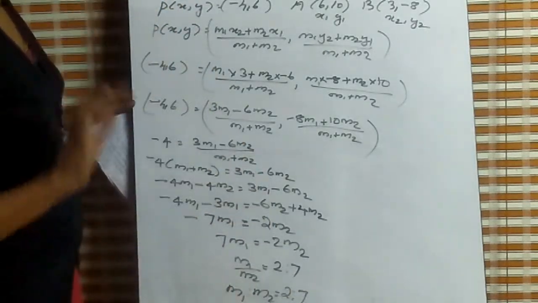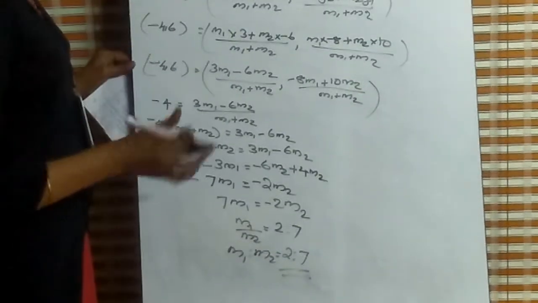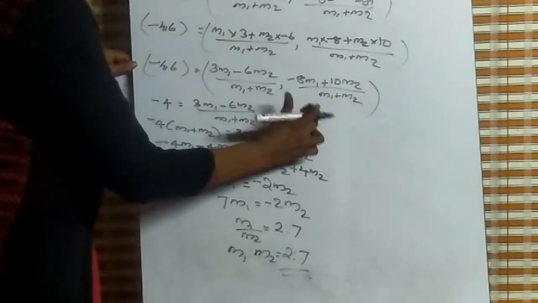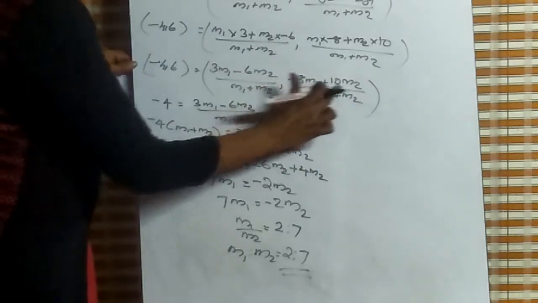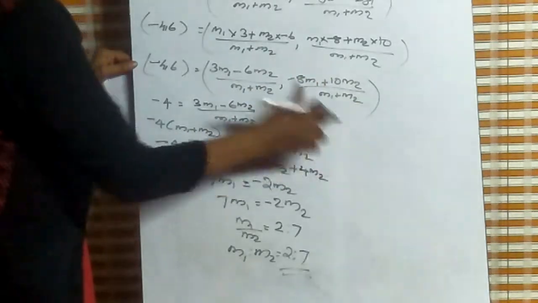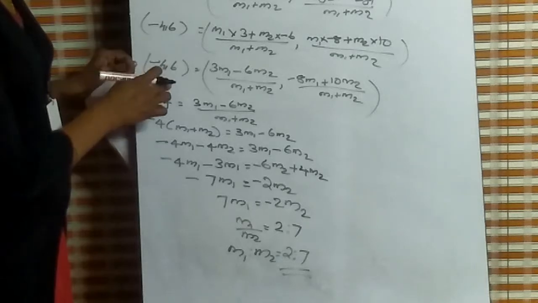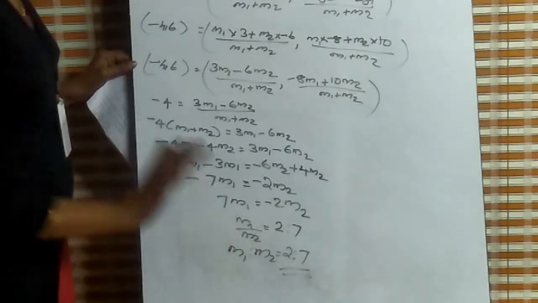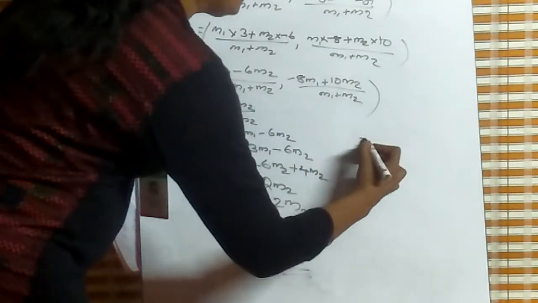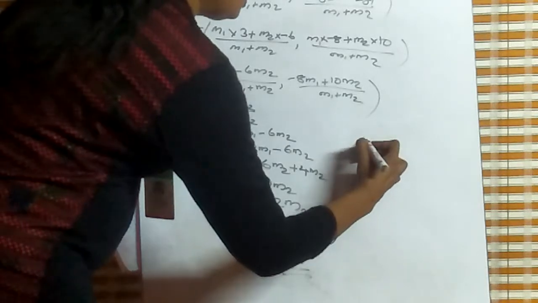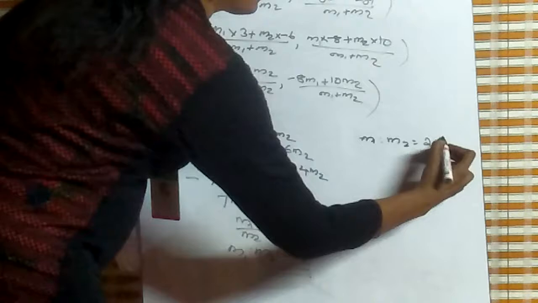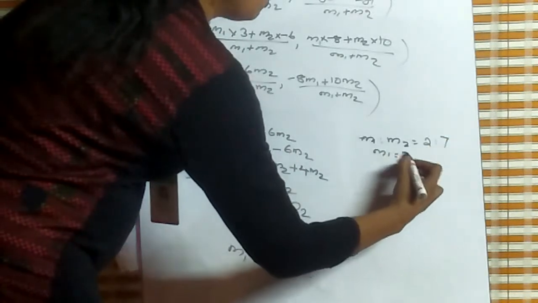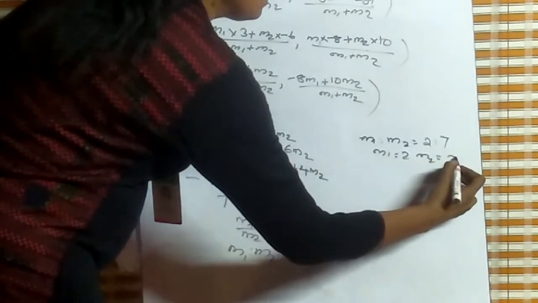Now we have to check that our ratio is correct. For that we take the y coordinate and substitute the values of m1 and m2 in it. If we get the answer 6, our ratio is correct. Here m1 is to m2 is equal to 2:7, so m1 is equal to 2, m2 is equal to 7.